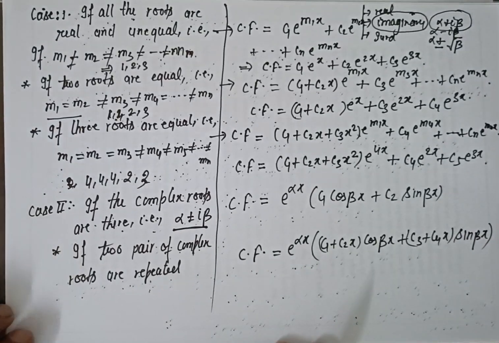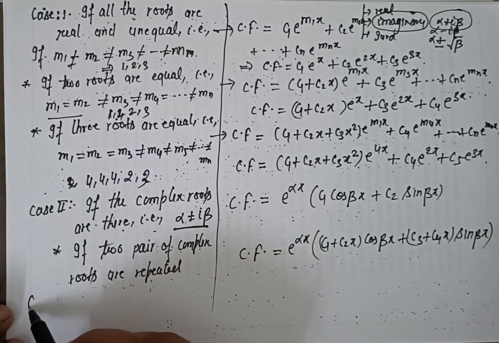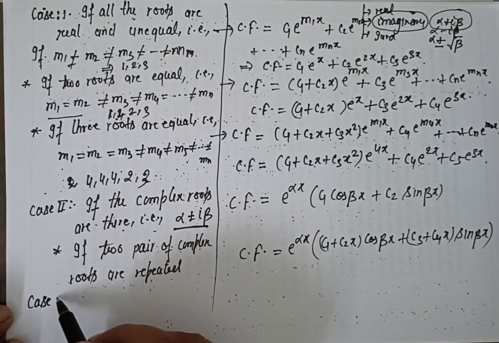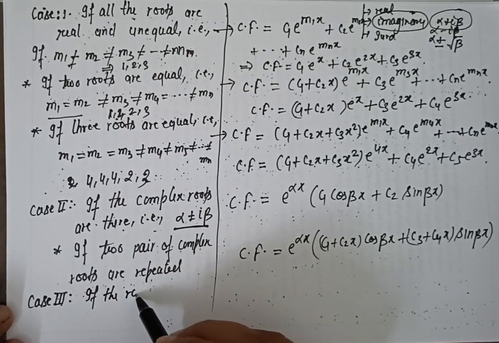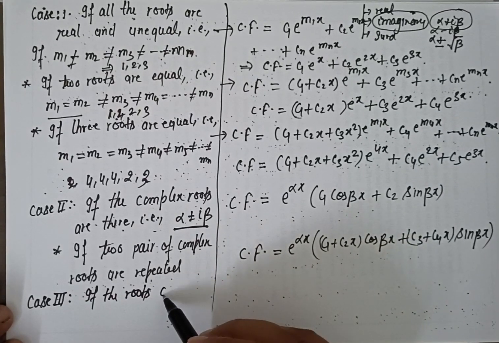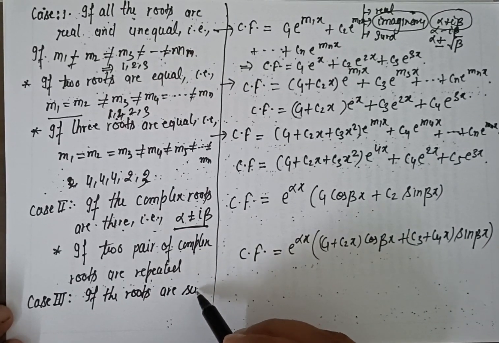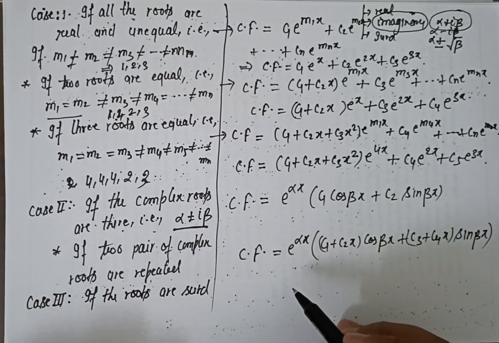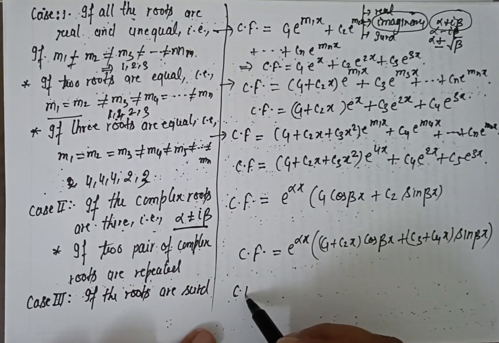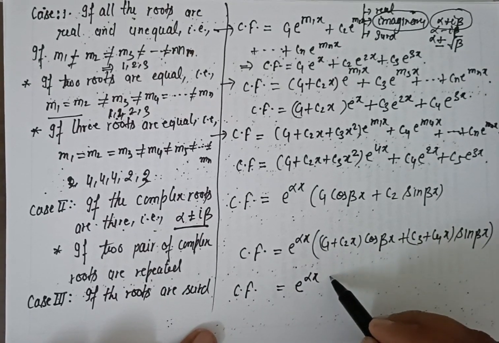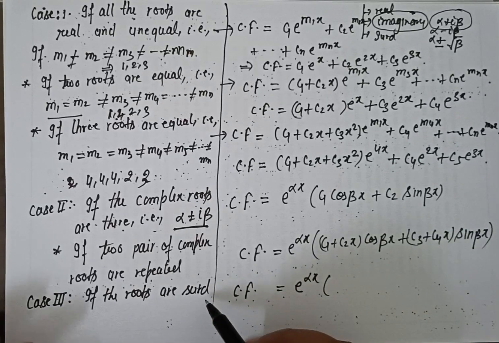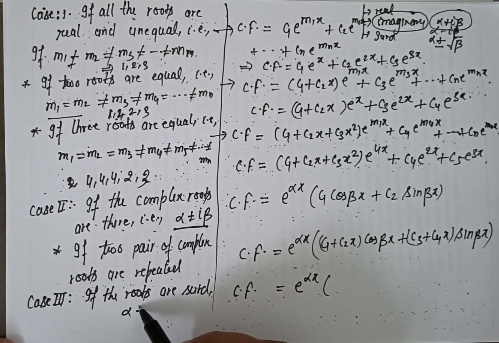Now in case number 3, if the roots are surds, and surd roots always come as conjugate pairs, then surd means alpha plus minus square root beta.